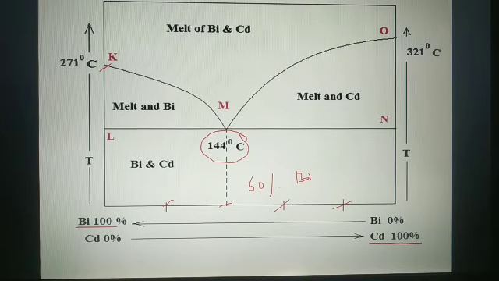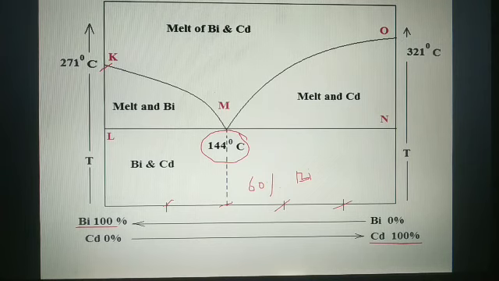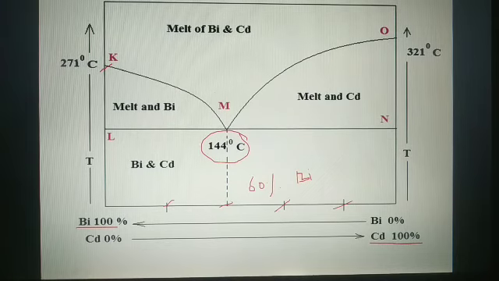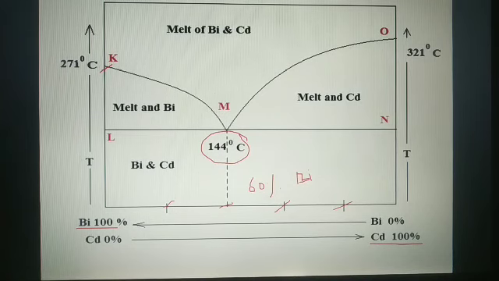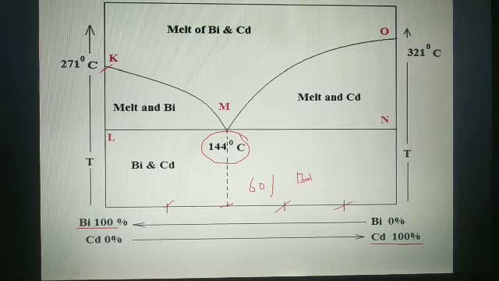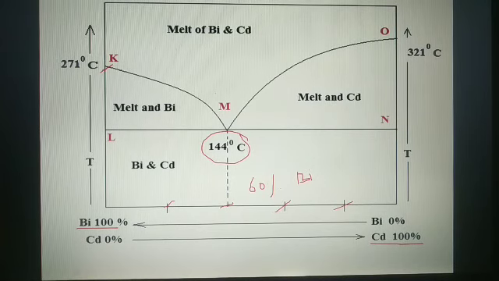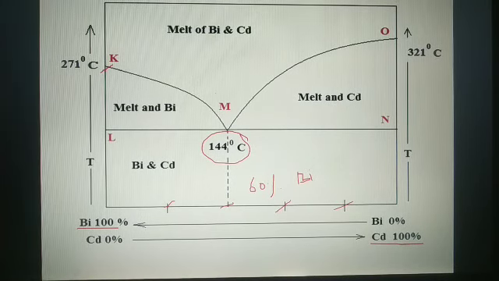As you move inward, you are adding bismuth to the cadmium. By the addition of bismuth to cadmium, there is a sharp decrease in the melting point of cadmium, and it falls from 321 degrees Celsius to 144 degrees Celsius. That is the eutectic point. Below this line, the L to N line, bismuth and cadmium are present in the solid state.